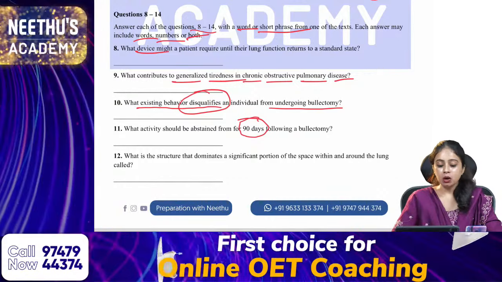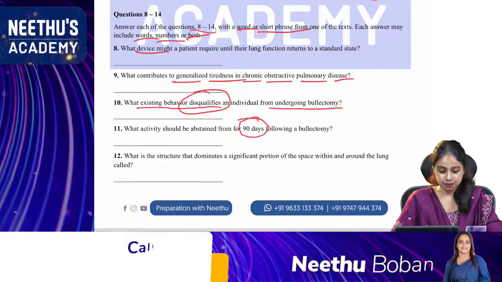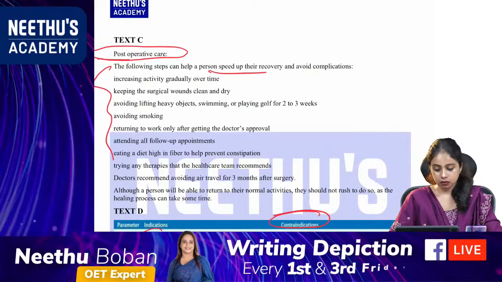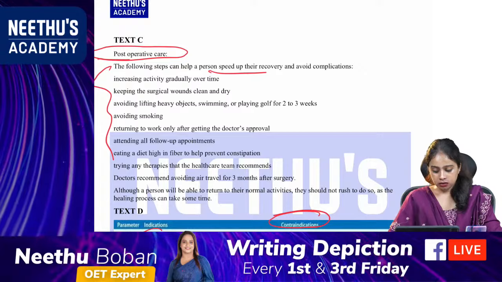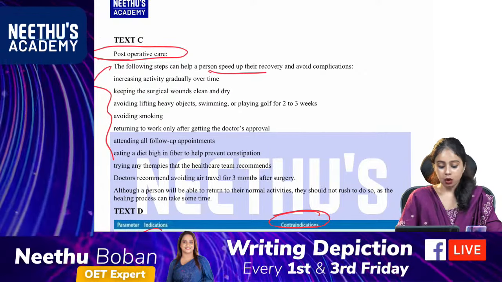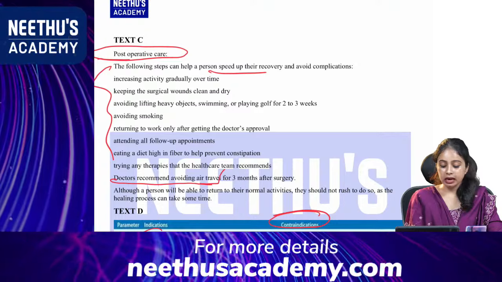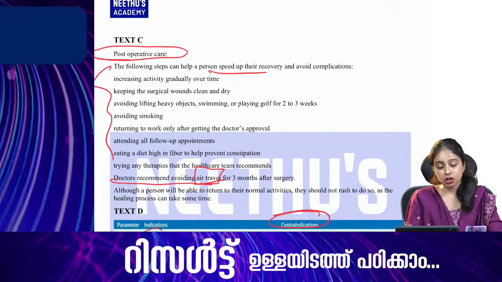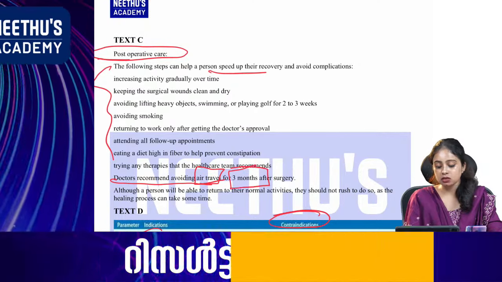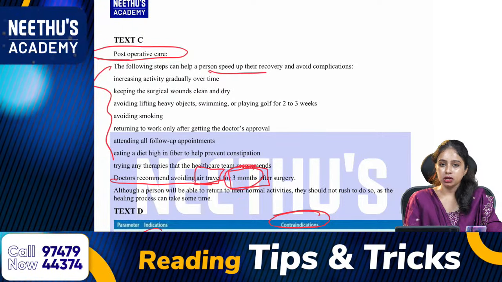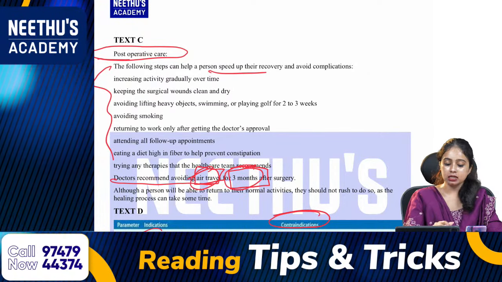So my question is, where is 90 days mentioned? From the second last line, doctors recommend avoiding air travel. That is the answer. Instead of 90 days, they have mentioned 3 months after surgery. So see, 3 months, that is 90 days. The answer is air travel.